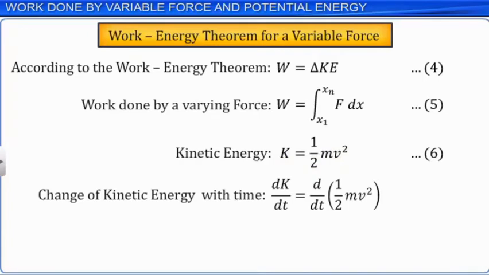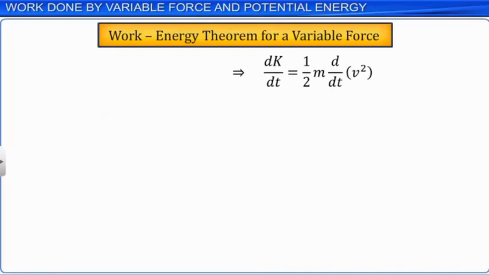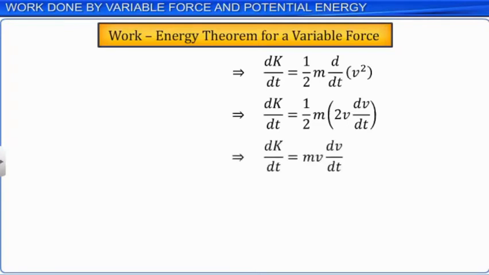Thus, on simplification, we get dK by dt = half m d by dt of v square. On further simplifying, we get dK by dt = half m into 2v dv by dt. Thus, dK by dt = mv dv by dt.